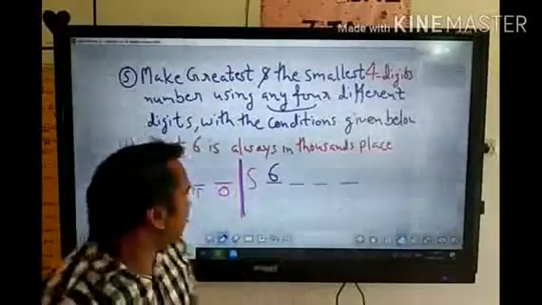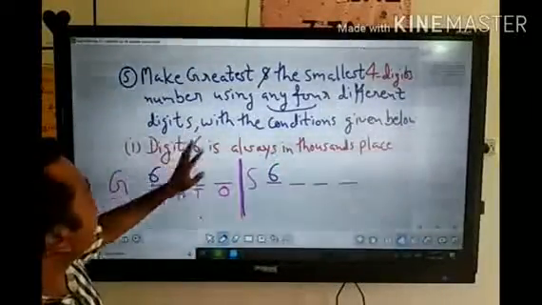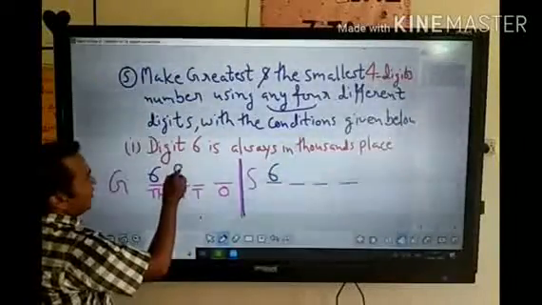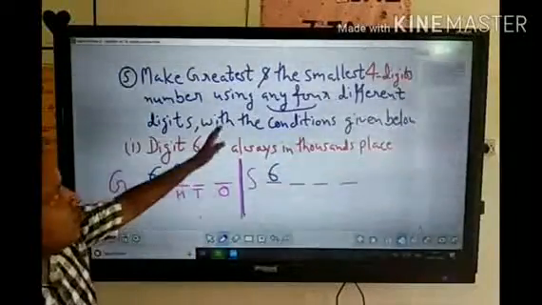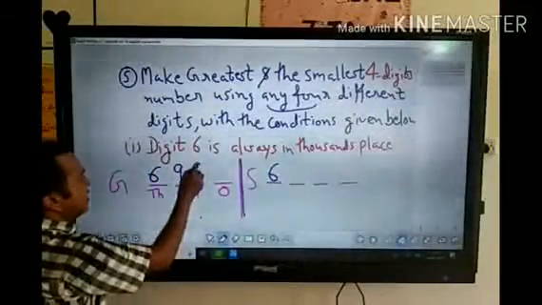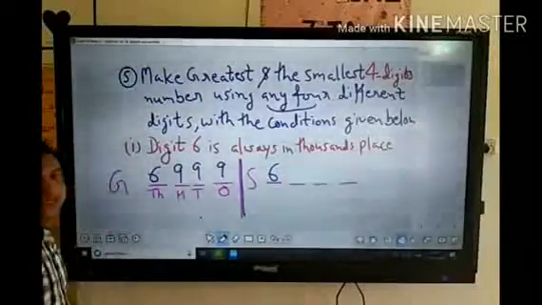Okay. So digits with the condition given below, and we have to make the greatest number. And also there is no given condition for repetition or non-repetition. So I will use 999. This is the greatest digit, and will serve my purpose to make the greatest number.